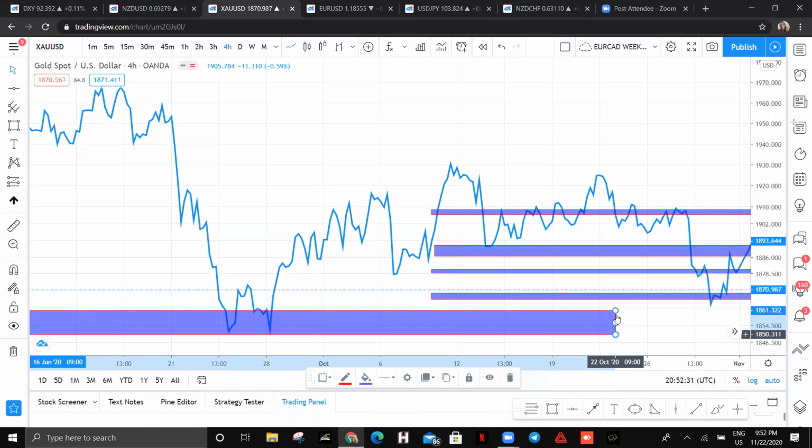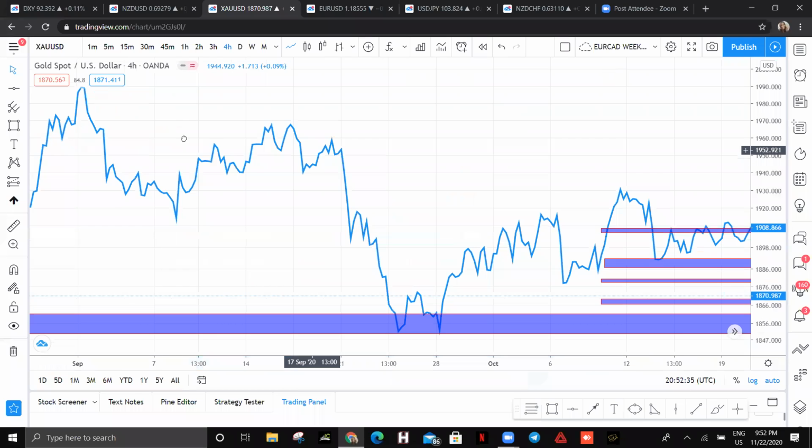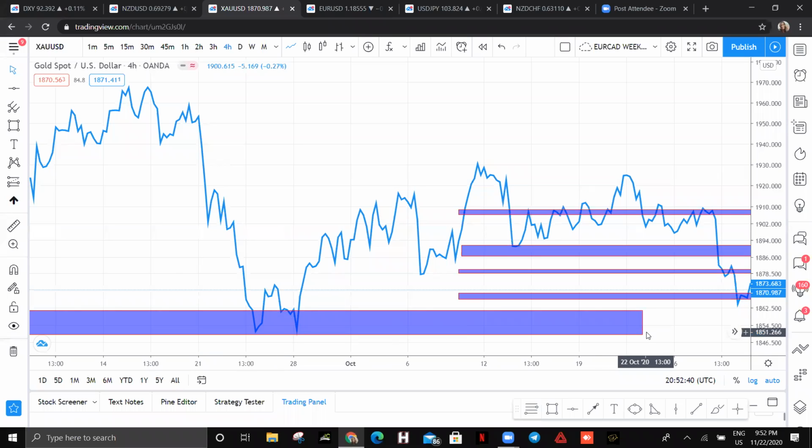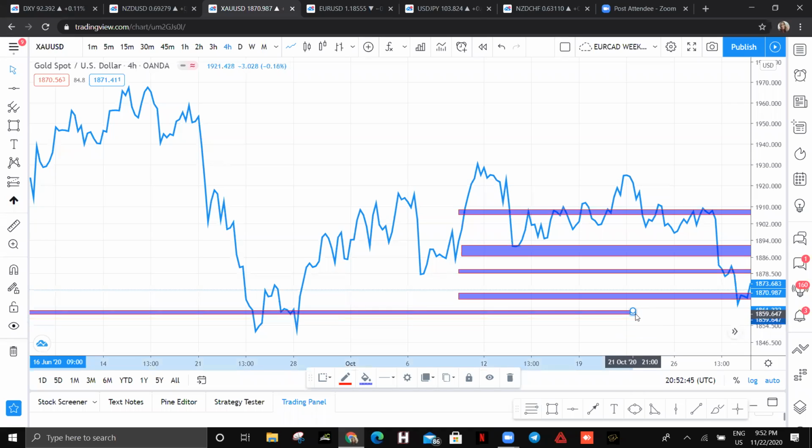This place. That's another support zone. You can even see how price reacted there, up here, up here. That's this place here, down to this place.